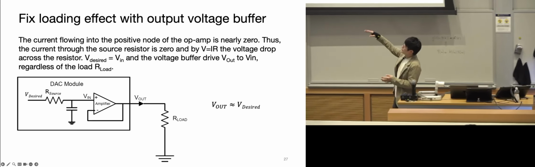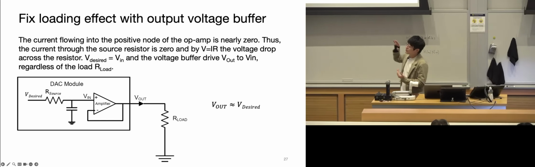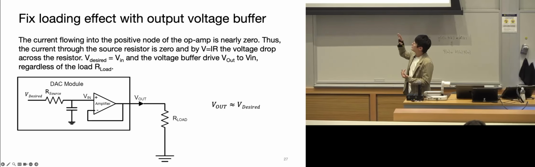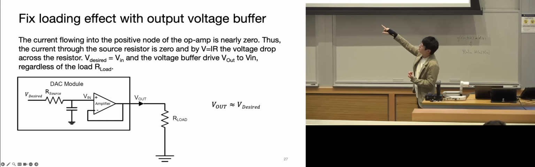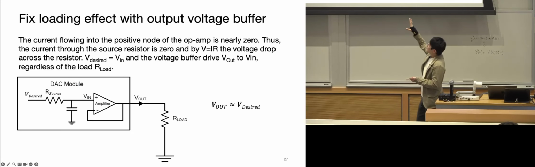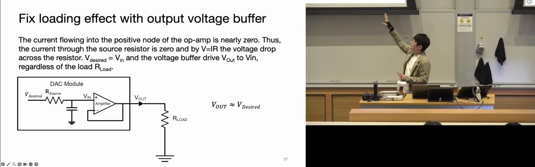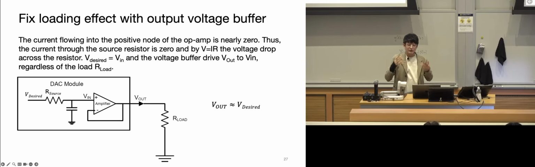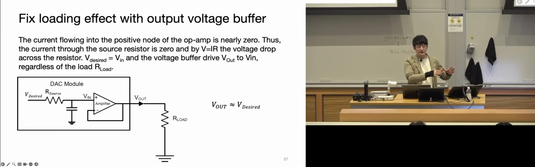This is essentially a voltage follower circuit that will try its best to keep the V out the same as the V in connected to the positive side of the op amp, and that helps you have a V out roughly equal to whatever your system desires it to be.